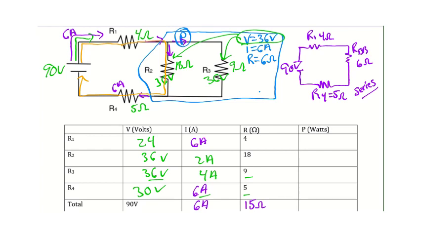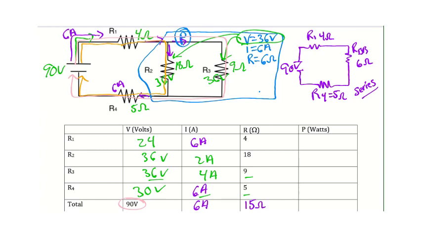If we instead took a different path, going through R1, R3, and R4 back to the power supply, you'll see that we still have 24 plus 36 plus 30, which will again add to 90. So no matter which path you pick in a combination circuit, it will still add to your total voltage. No matter what path you take, you are going to use all 90 volts.